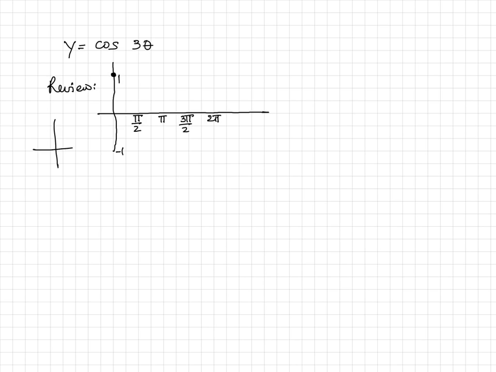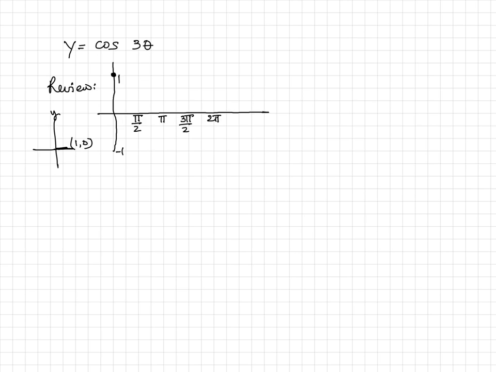If this is the xy coordinate and the angle is 0, that's 1, 0, and that's why we have a 1 there.